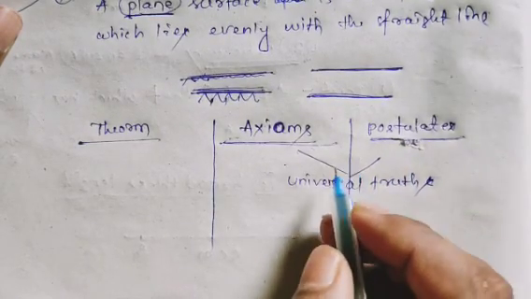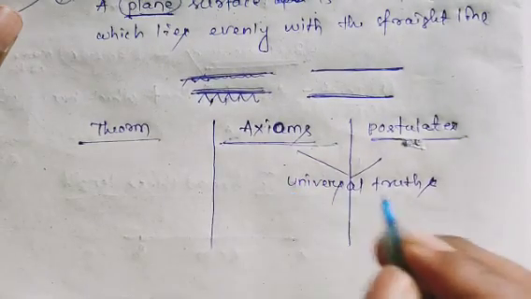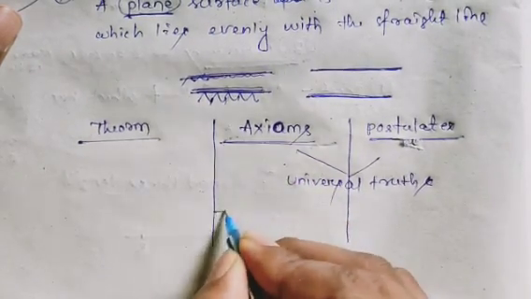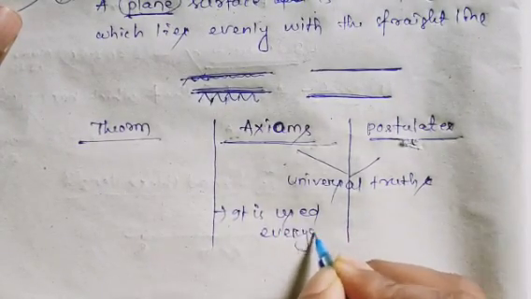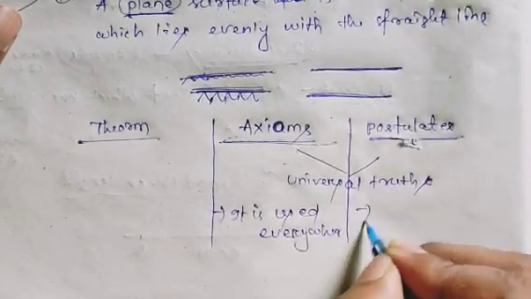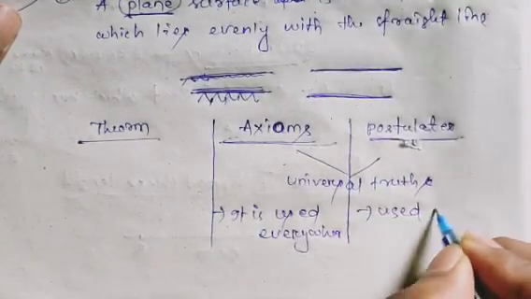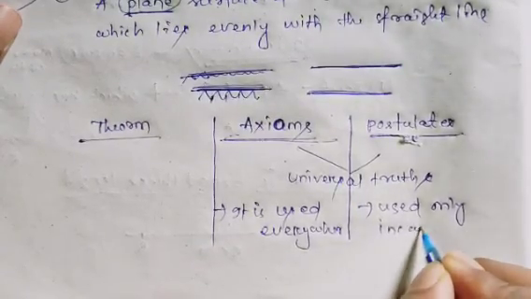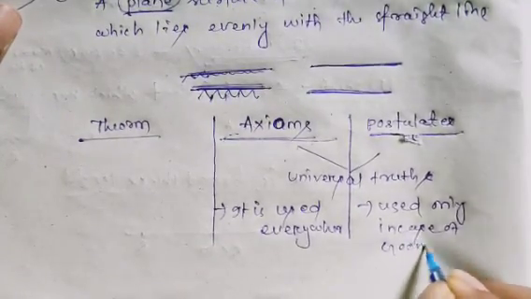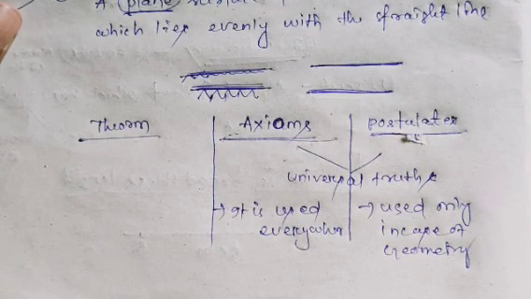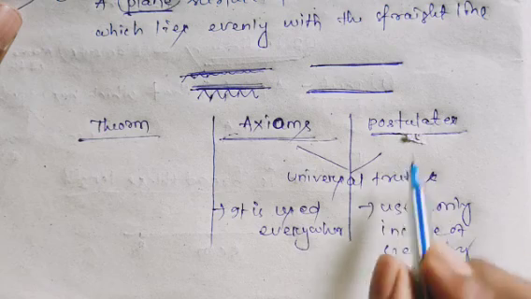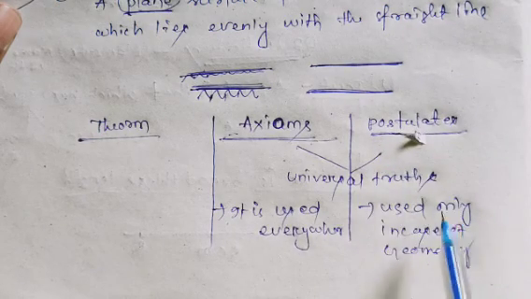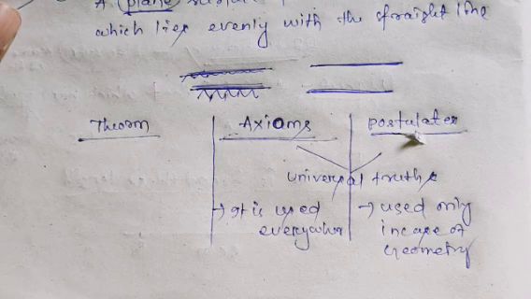Axioms are used everywhere, but postulates are used only in case of geometry.